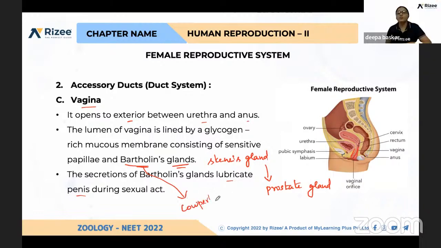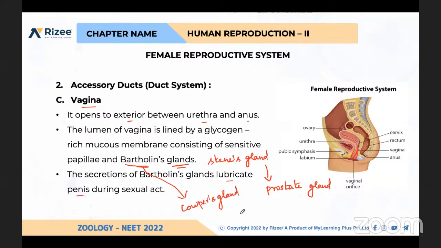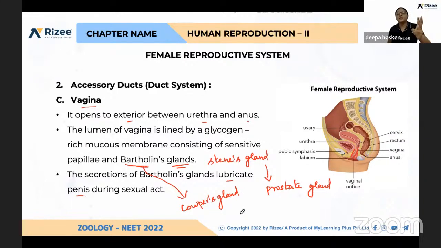Bulbourethral or Cowper's gland. So however they ask the question, that is the similarity you should remember. Bartholin's glands are similar to Cowper's gland. Both are involved in the lubrication function. And Skene's gland is homologous to the prostate gland.